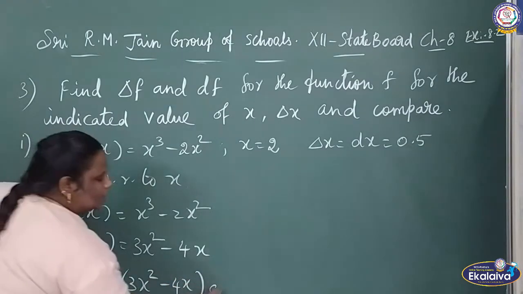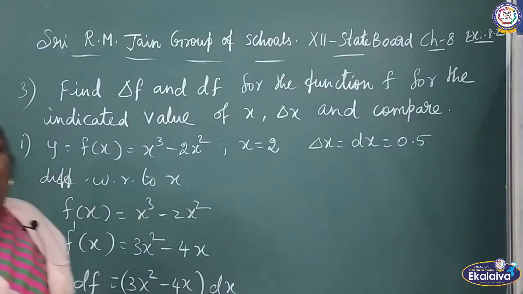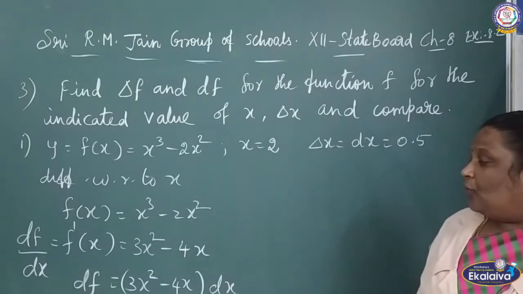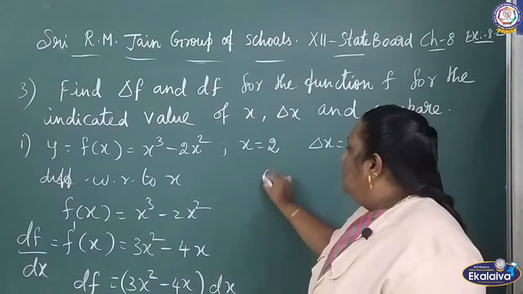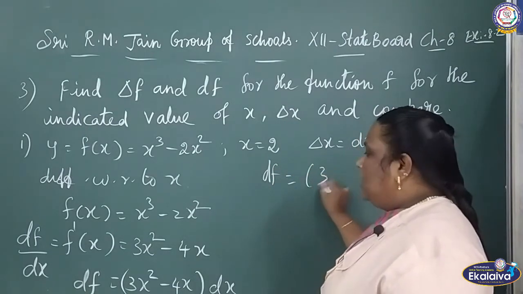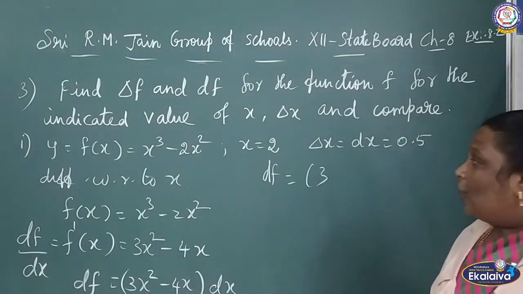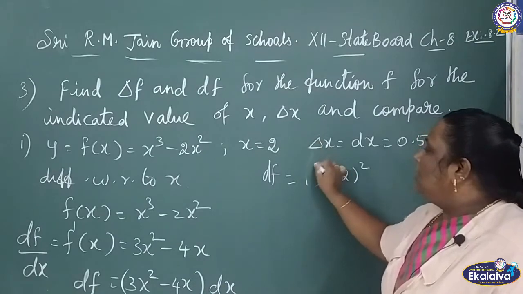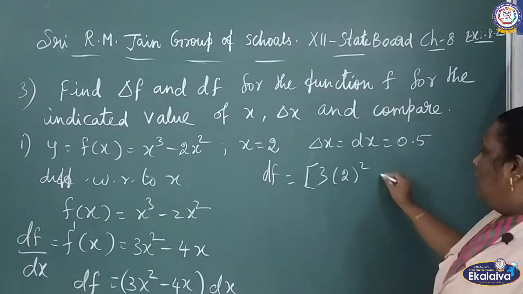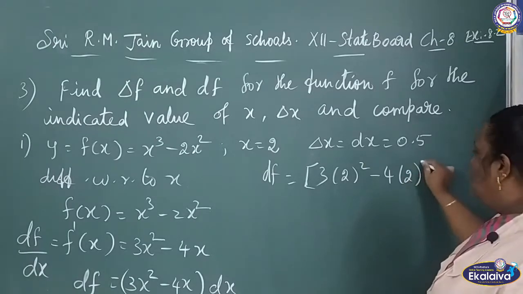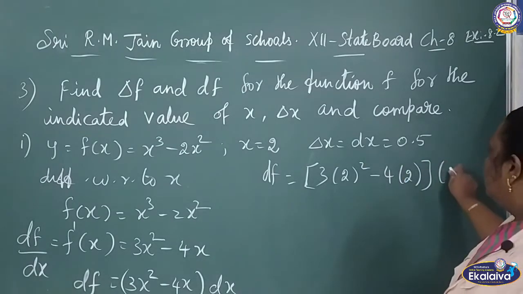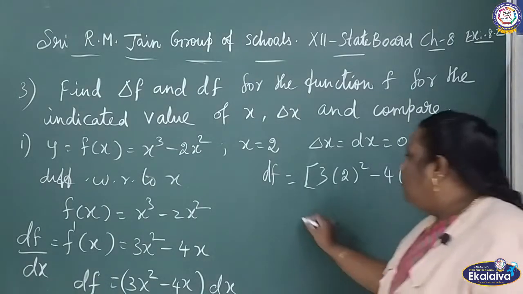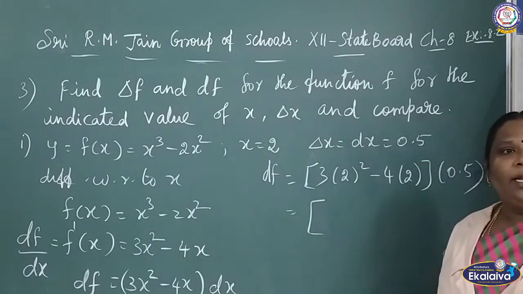Bring dx to this side: df equal to 3x square minus 4x into dx. So df equal to 3 into x square, where the x value is 2, so 3 into 2 square minus 4 into 2, into dx. The value of dx is 0.5.